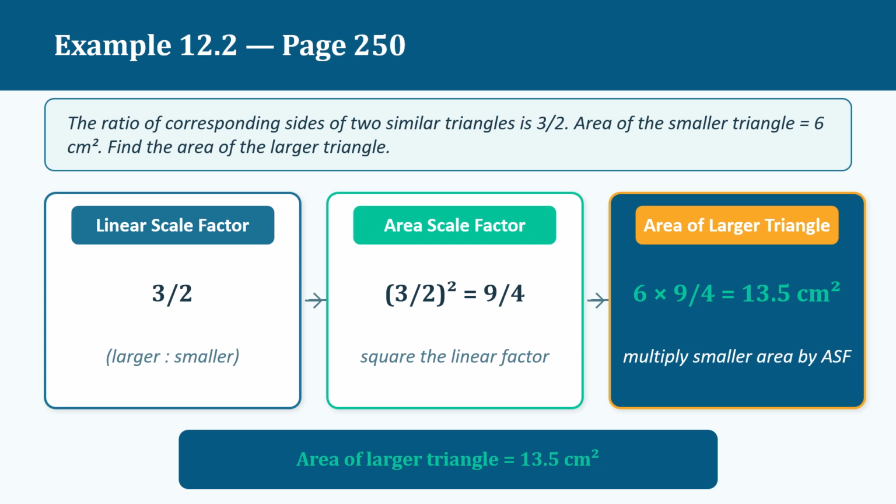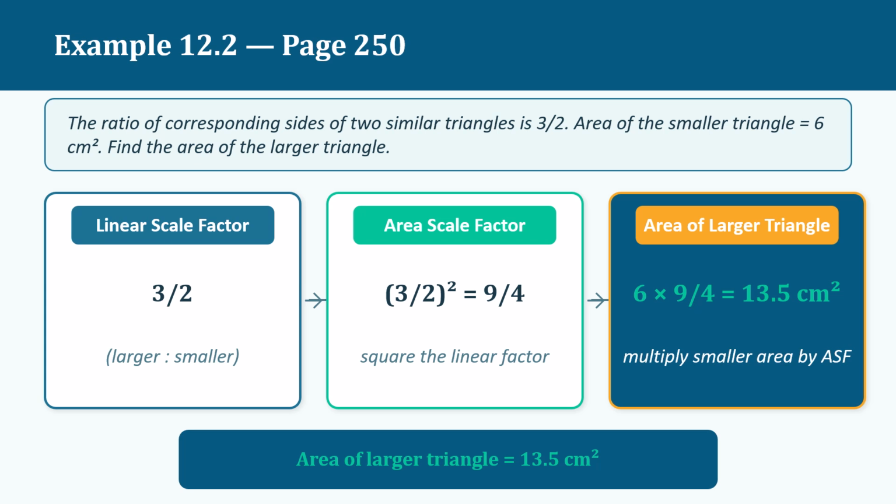We need to know how much to multiply the area of the smaller triangle by to give us the area of the bigger triangle. From the relationship, the area scale factor is equal to the linear scale factor squared. So if you square 3/2, we have 9/4. That is the area scale factor.